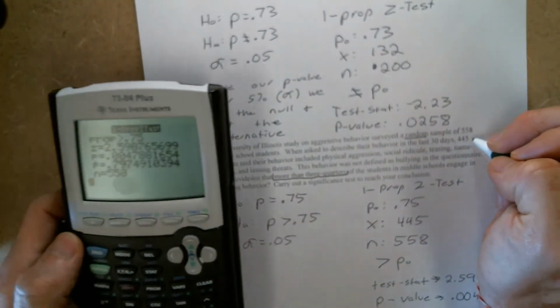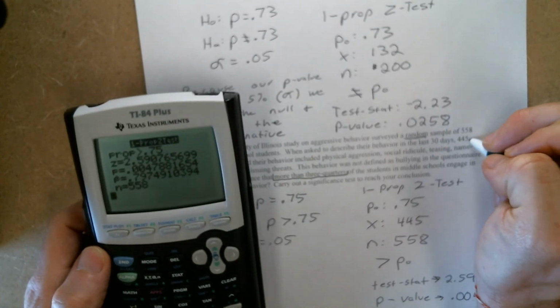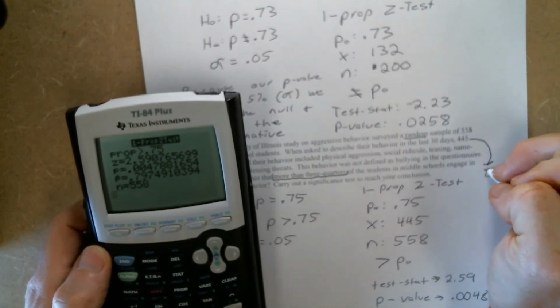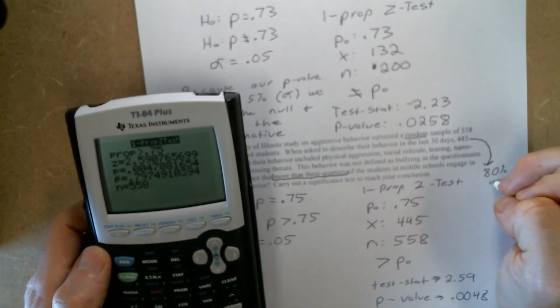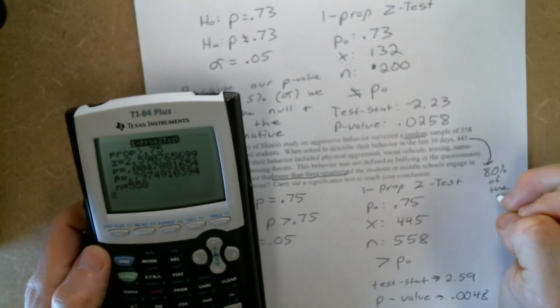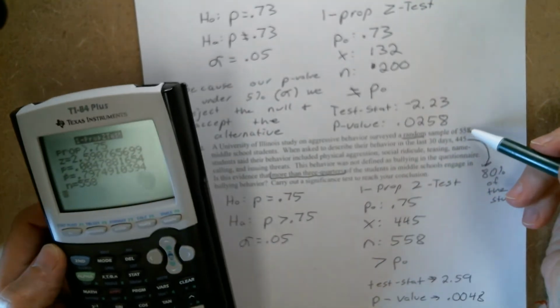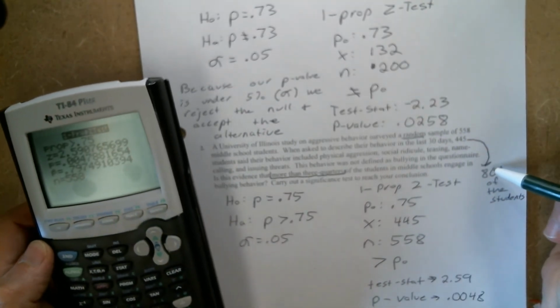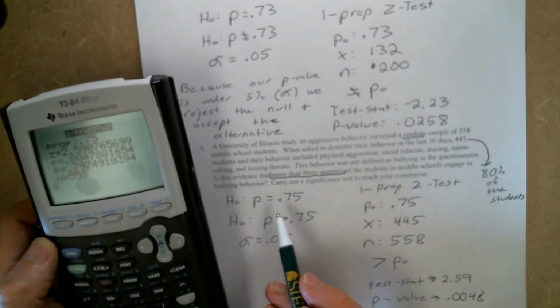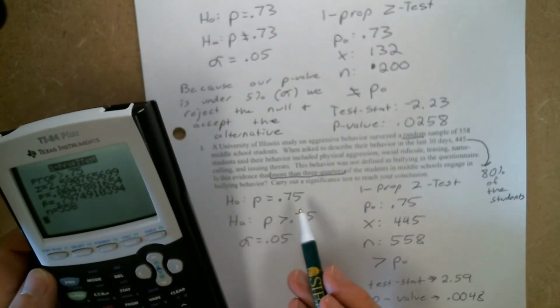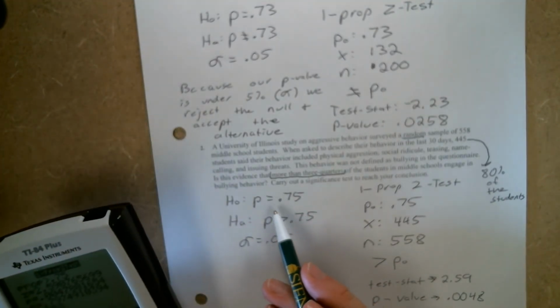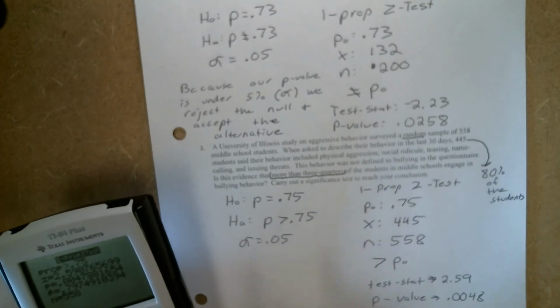So this 445 that we got right here was about 80% of the students. So the question is, when you have a sample of 558 and 80% engage in bullying, is that far enough from this value of 75% that we can be pretty confident that the true value is actually higher?